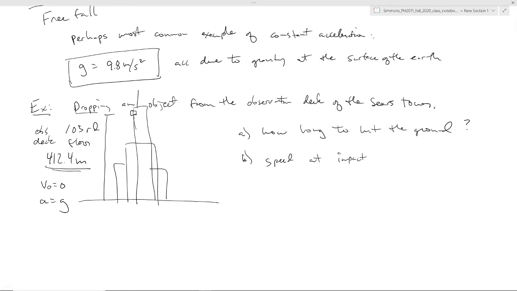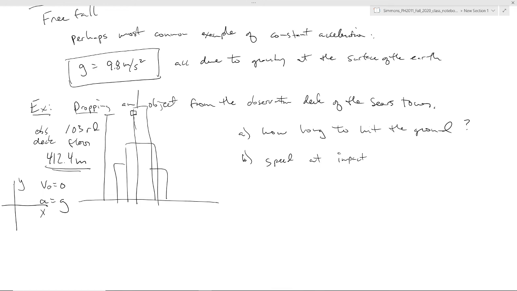Something else we also need to be mindful of is a coordinate system here. So I would suggest, as you work through problems, giving yourself a little coordinate system to help keep track of directions.